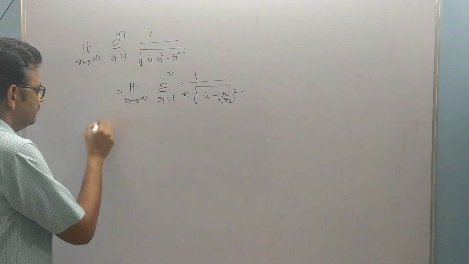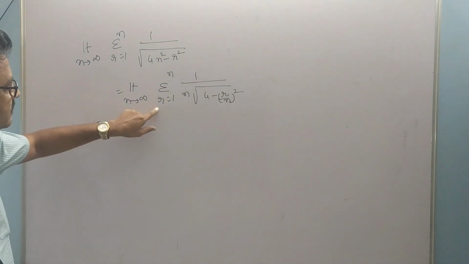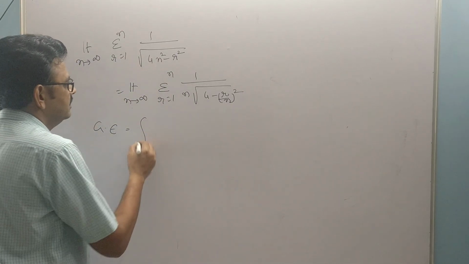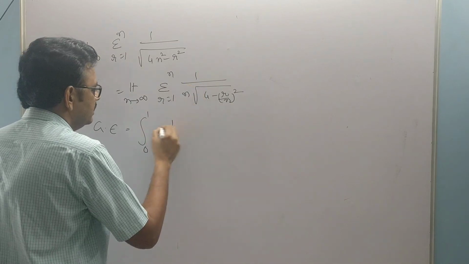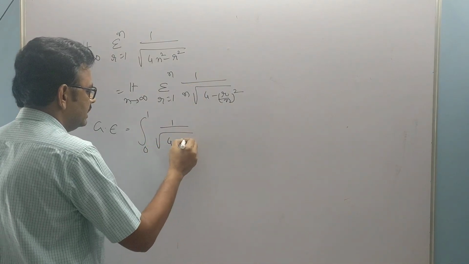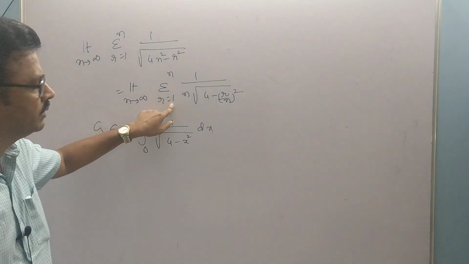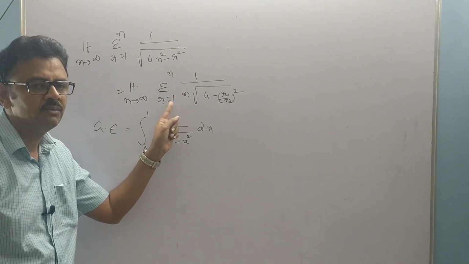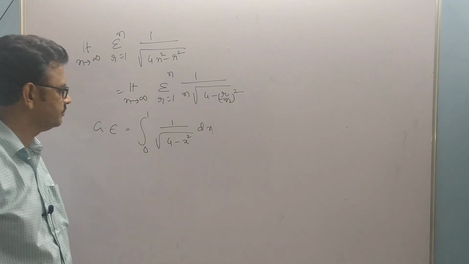Now the given expression, sigma means integral, so this is 0 to 1, 1 by root of 4 minus x square dx. I think you know the limits. What is the lower limit? Limit of n tends to infinity r by n, where r is 1, 1 by n, so that is 0. Upper limit n by n, that is 1.